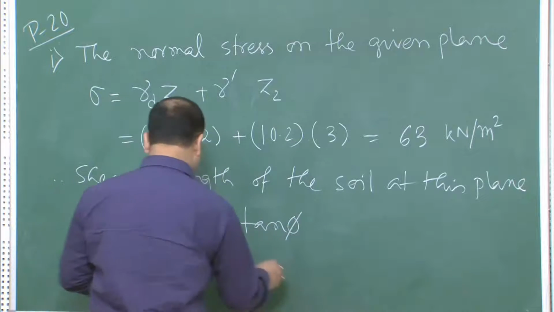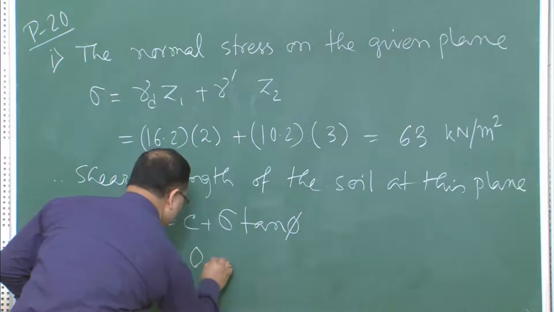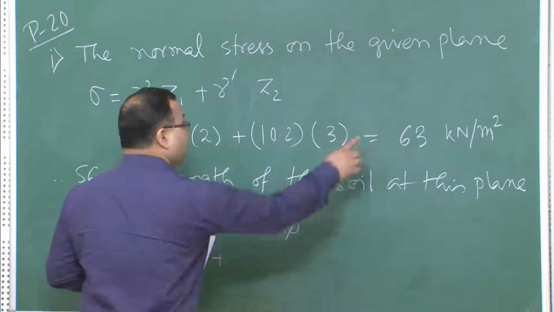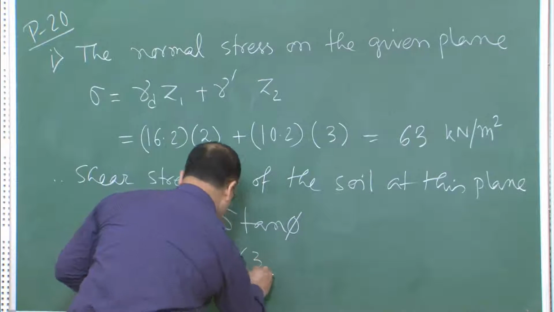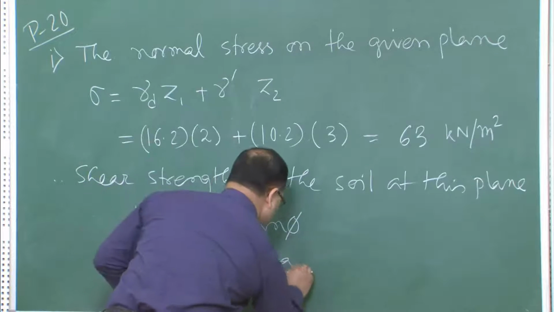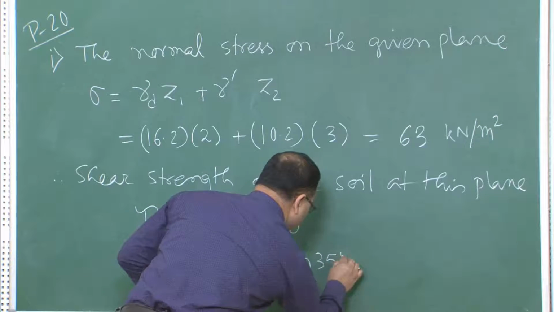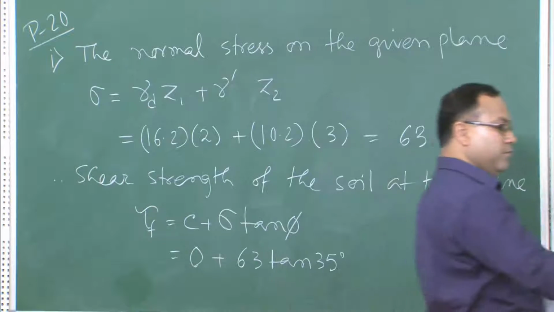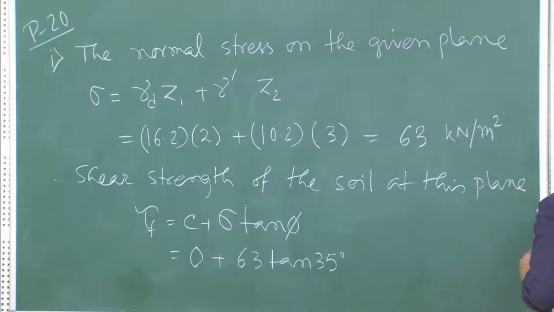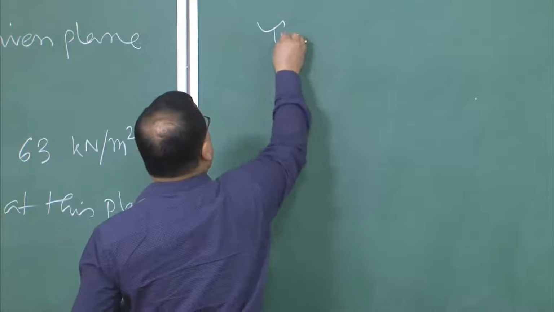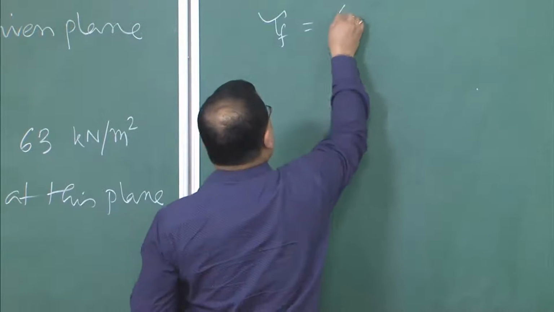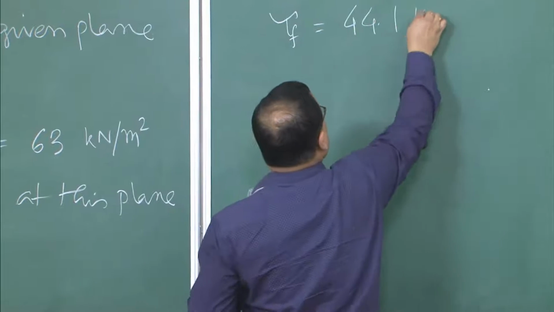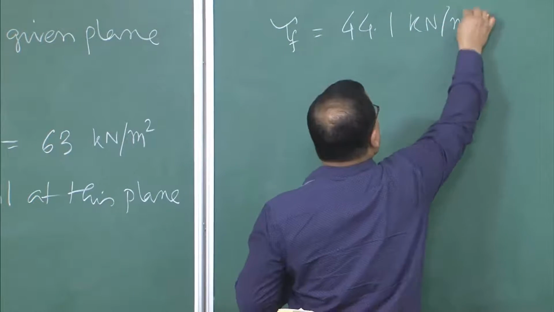Which is nothing but 0, since C is 0, and sigma we have already calculated, that is 63 tan 35 degree. So, this gives me tau f equal to 44.1 kilonewton per meter square.